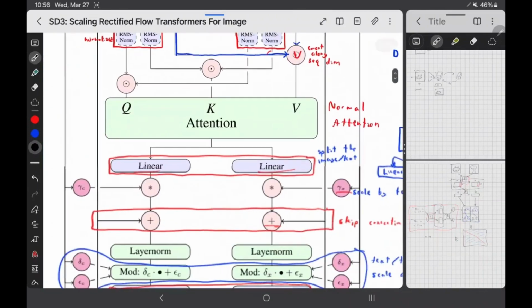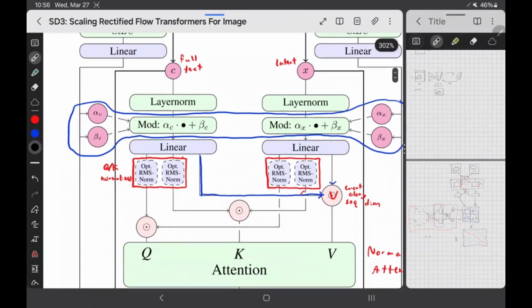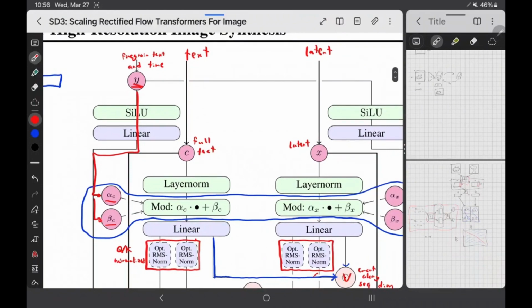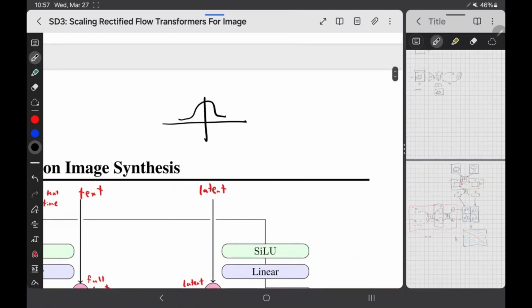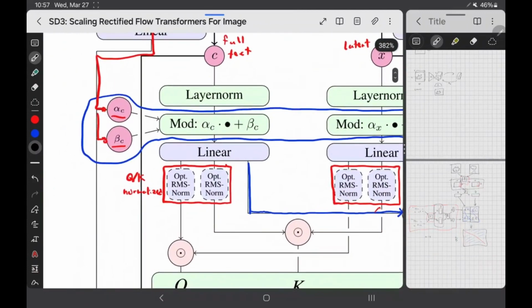Now, this is basically just a big transformer, that's all. What we do is we want to take our text and time information and send it through 2 linear layers here. And instead of having an image with 0 mean and standard deviation 1, we can change that.